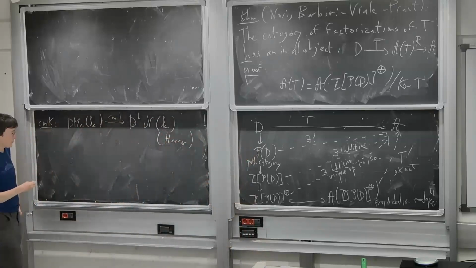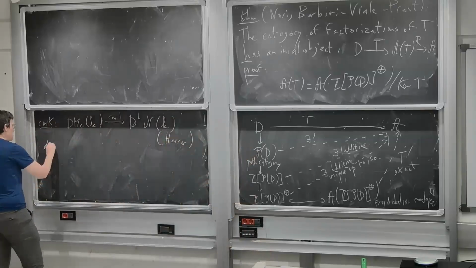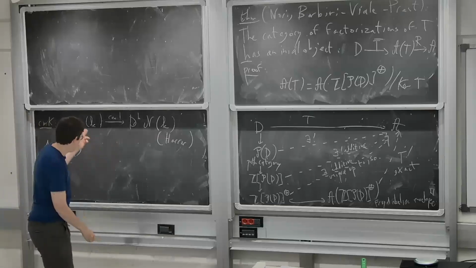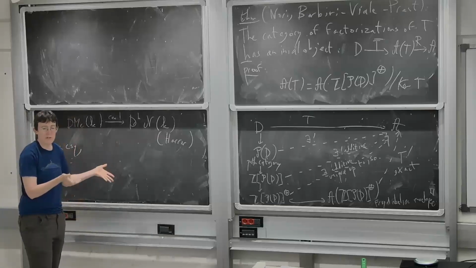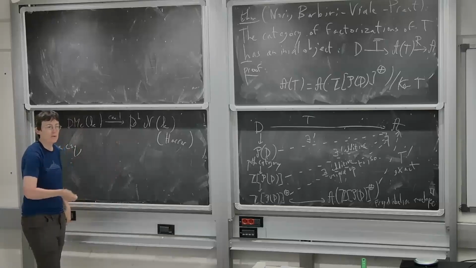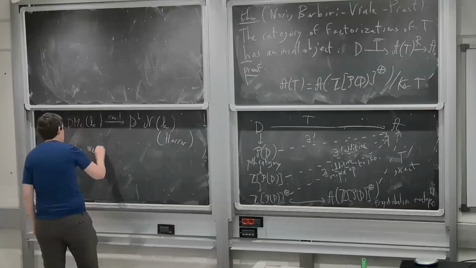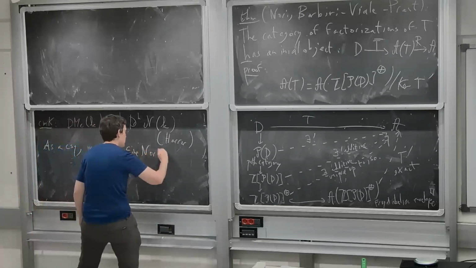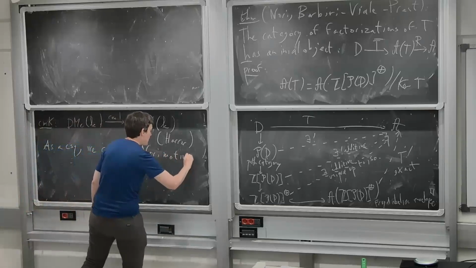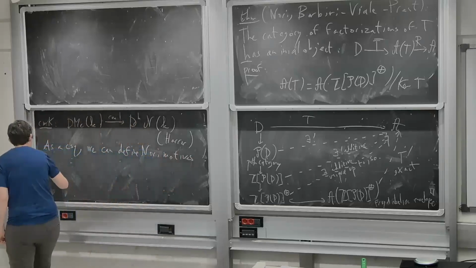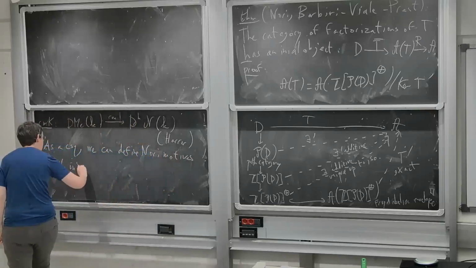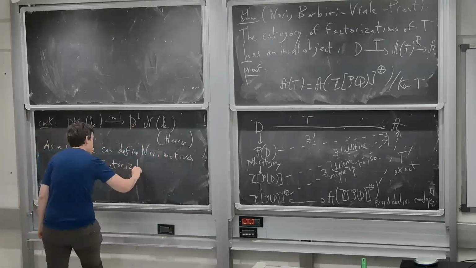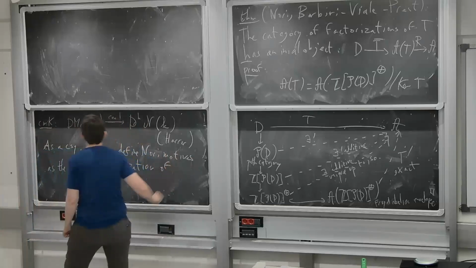And as a consequence of that, instead of using this category of diagram of triples to define Nori motives, we can define Nori motives as the universal factorization of this functor.